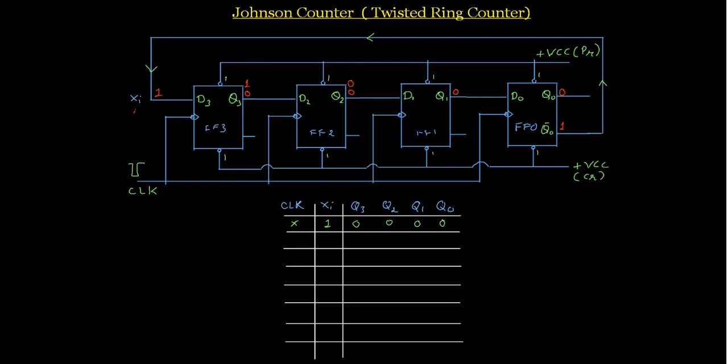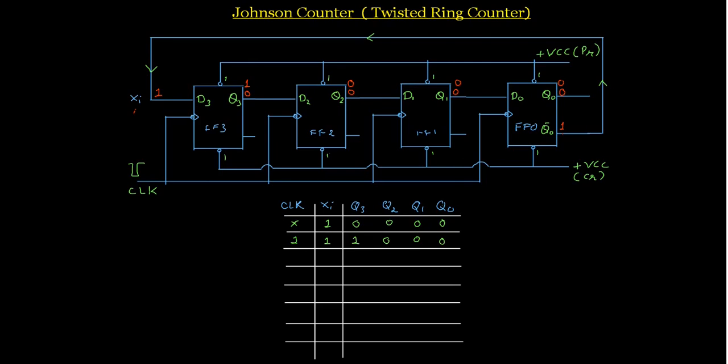Q2 is going to be 0, Q1 is going to be 0, Q0 is also going to be 0. And since Q0 is 0, the Q0 bar will remain high. So if we write, at the end of the first clock, negative edge, here the Xi is 1 and Q3 is going to be 1, and the others are 0, 0 and 0.